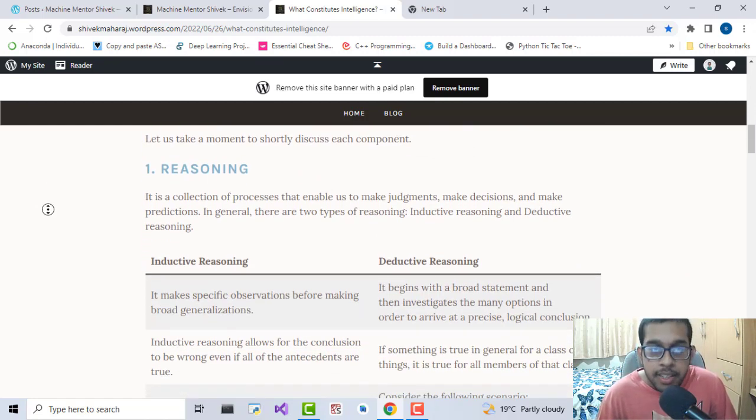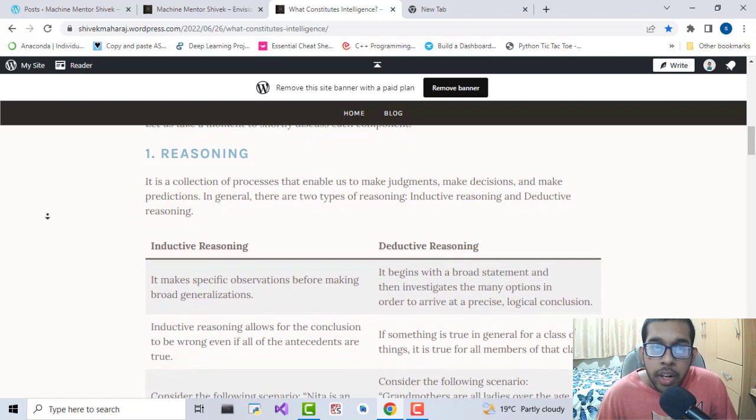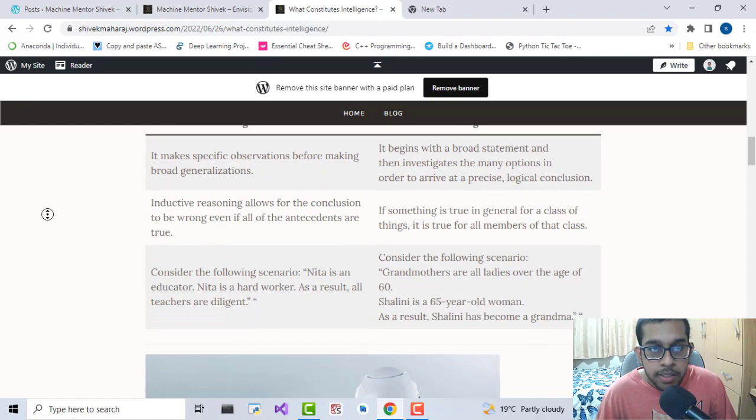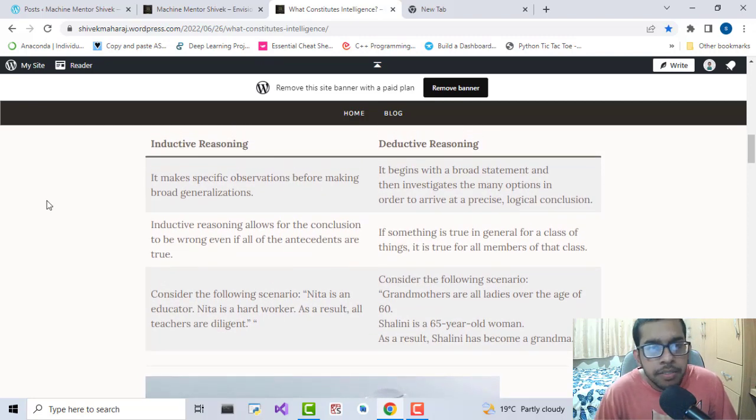Number 1. Reasoning. This is a collection of processes that enable us to make judgments, make decisions, and make predictions. In general, there are two types of reasoning: inductive reasoning and deductive reasoning. Let us view this table. Inductive reasoning.